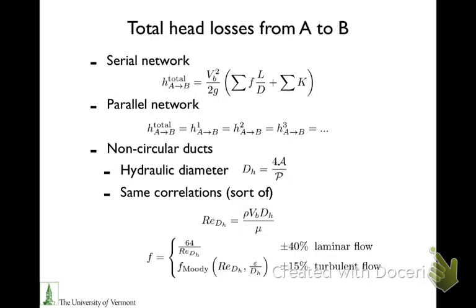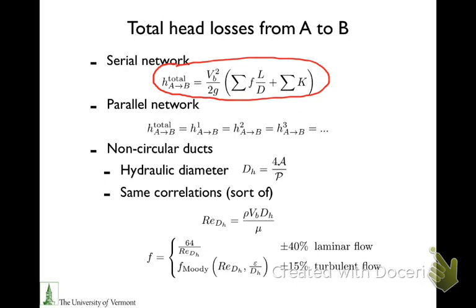So to finish, how do we actually solve practical problems? If you have a serial network of pipes, meaning a subsequent series of pipes with singular connections between all of them, then the total head loss is the sum of all the minor losses and the friction losses.